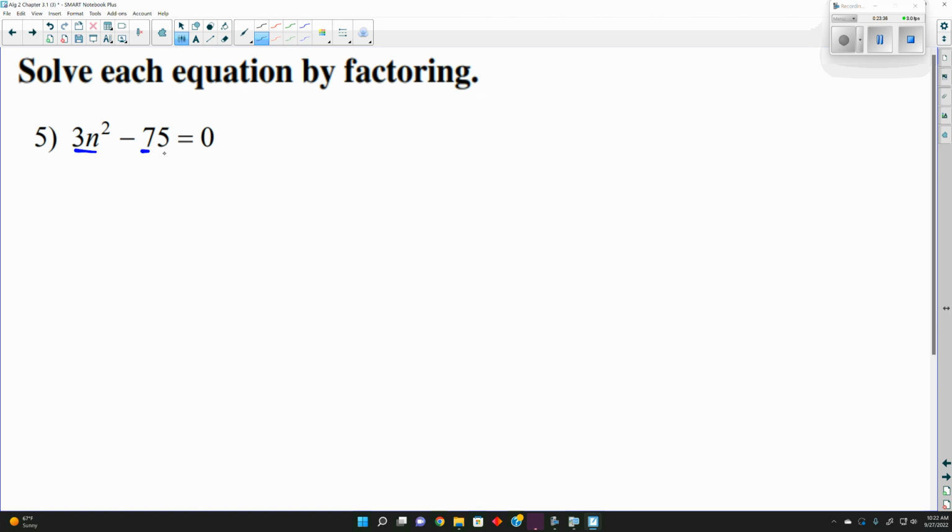Now, is there a greatest common factor between these two terms? 3, yes? And we can factor it out. If we factor the 3 out, that leaves us with n squared minus 25, since 75 divided by 3 is 25.